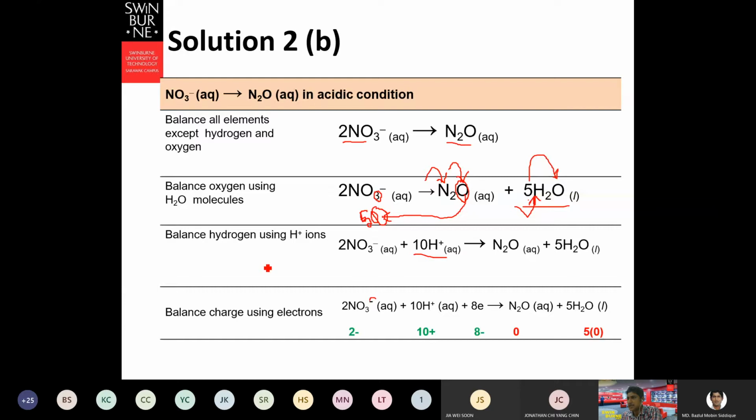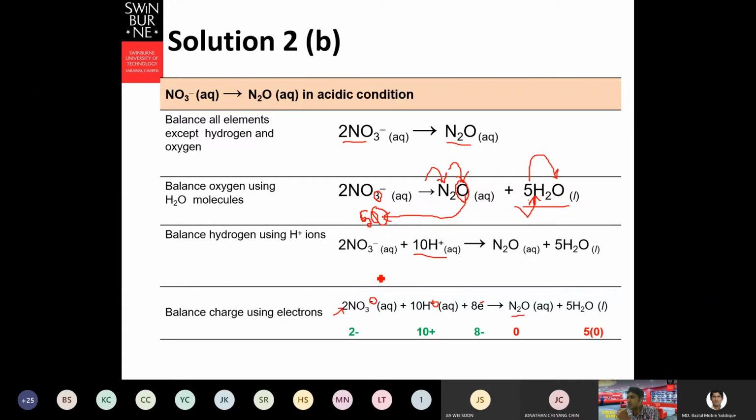So 1 each, that means here are 2. So 2 into 1 is 2 electrons involved. And each of the 10 hydrogens is carrying 1 charge. So 10 hydrogen will have 10 electrons, 8 electrons here.